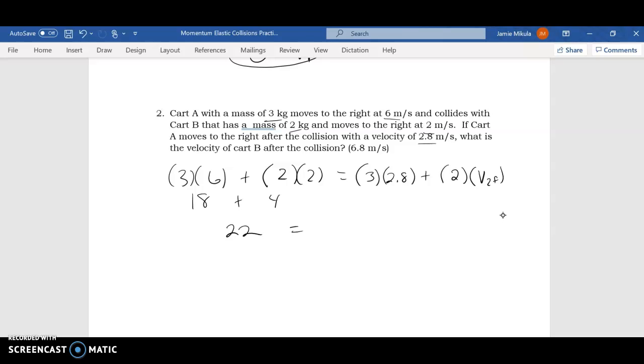So you get 22 over here, and then 3 times 2.8 is 8.4 plus 2 V2F.